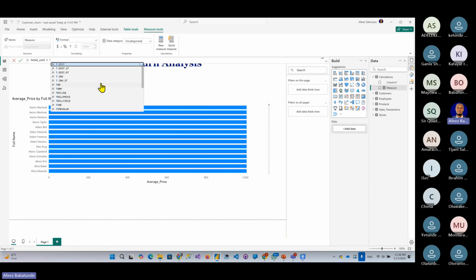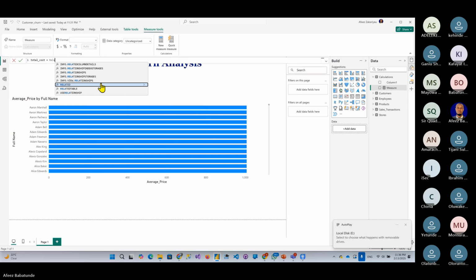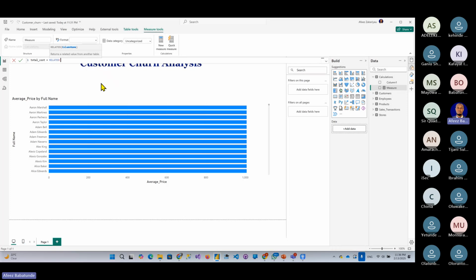Let me pick the related. Or let's use calculate. This way we have more expression. No, expression and filter, I don't want to filter. Let me use sum, related.